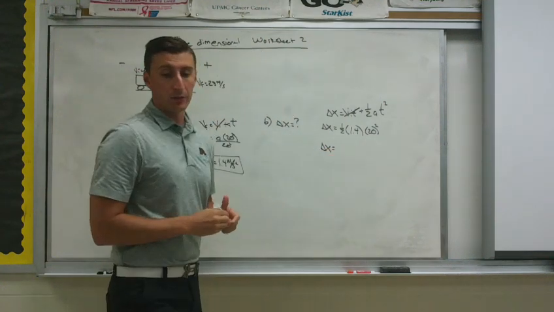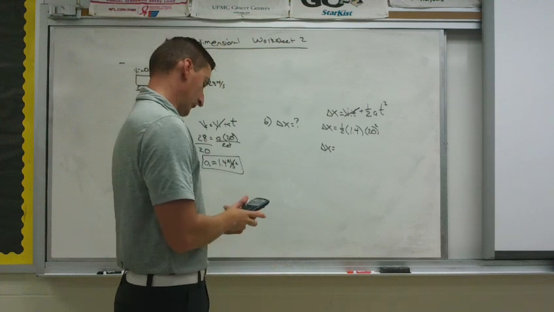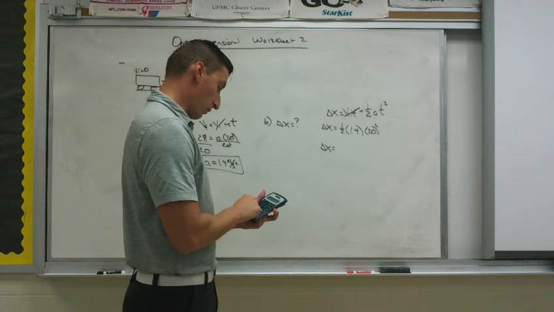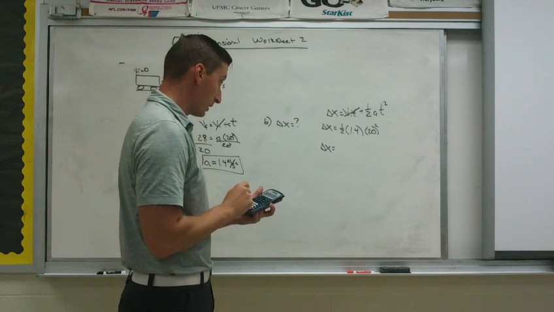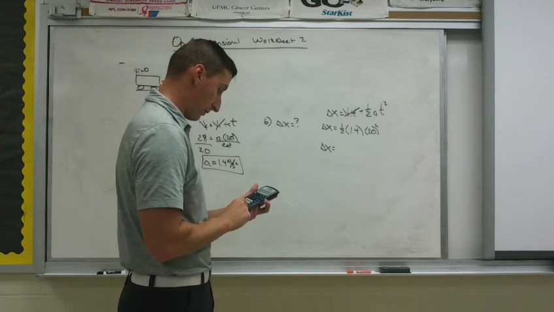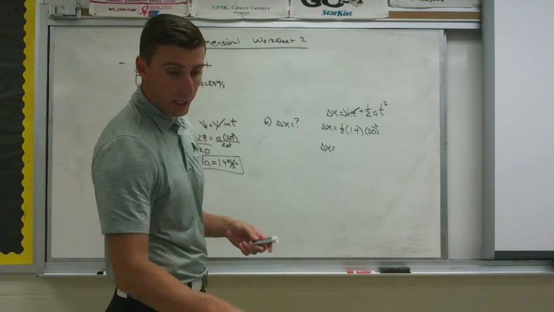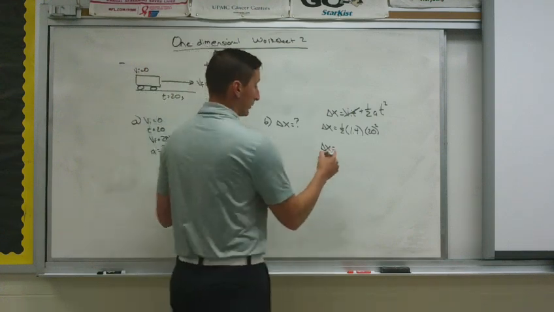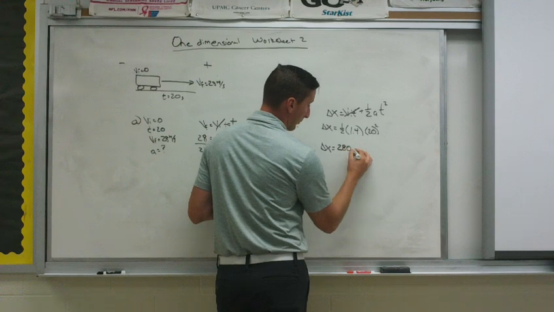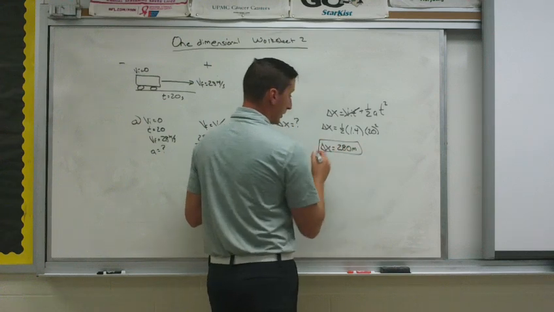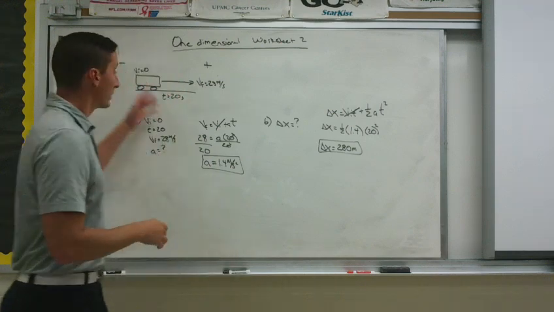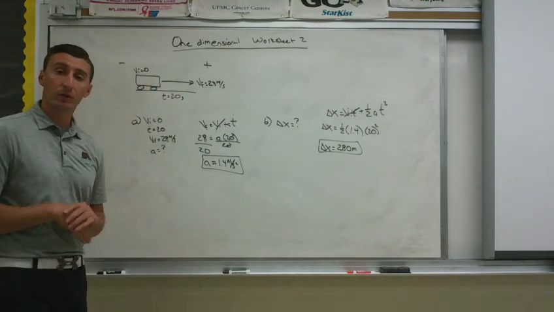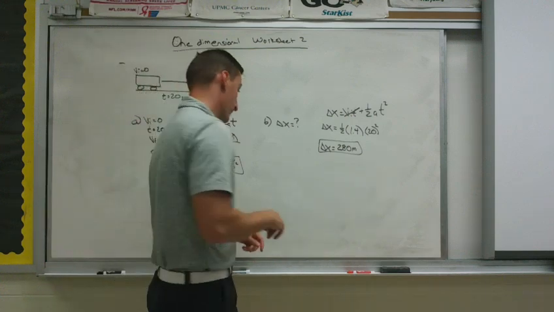On my calculator, I would start by doing 20 squared is 400, times 1.4, times 0.5. I get 280 meters. So in that time, it travels 280 meters. Pretty easy, pretty straightforward question there. Again, take the necessary steps, keep your information organized. Okay? Good.